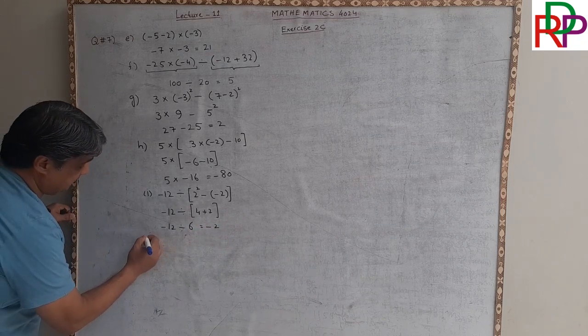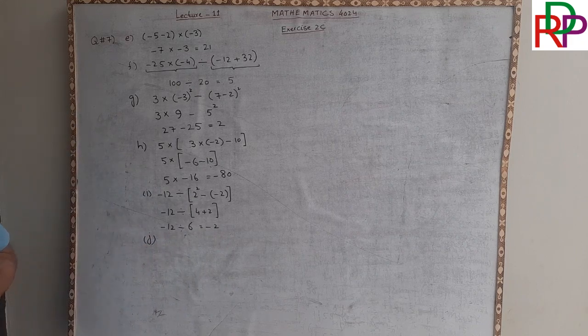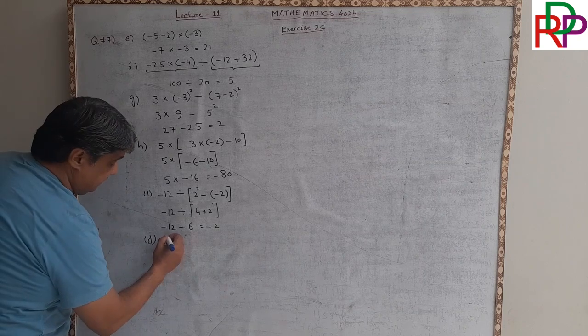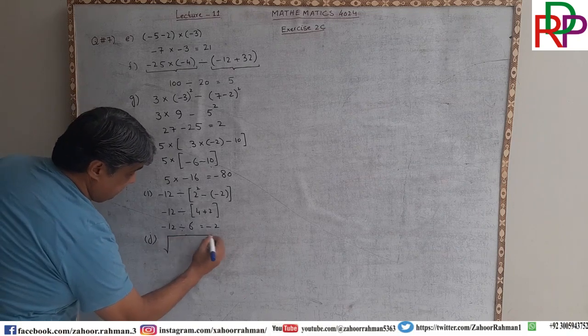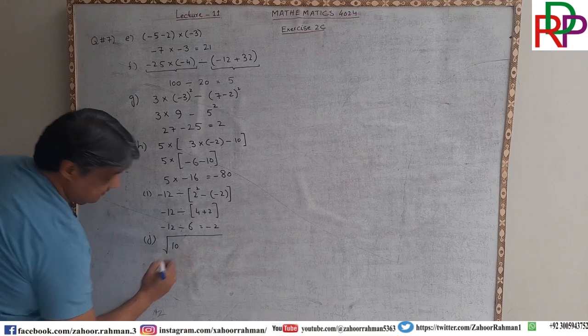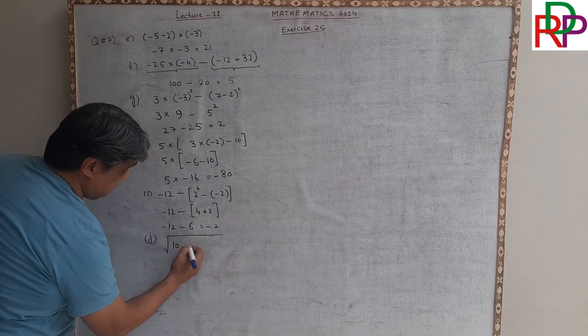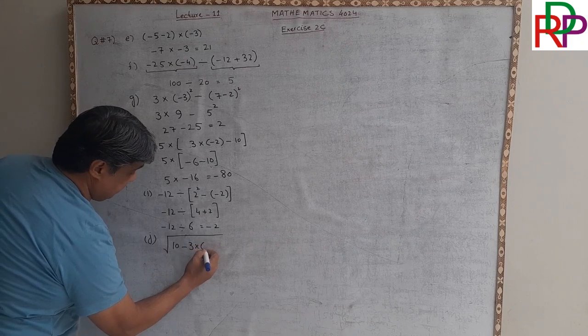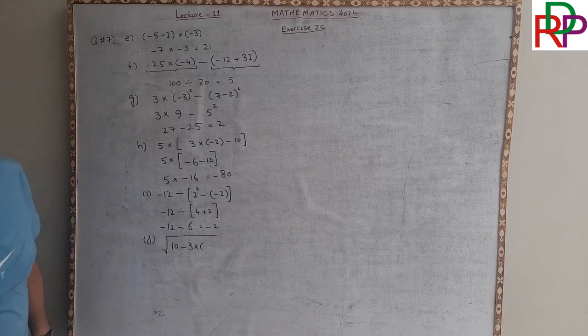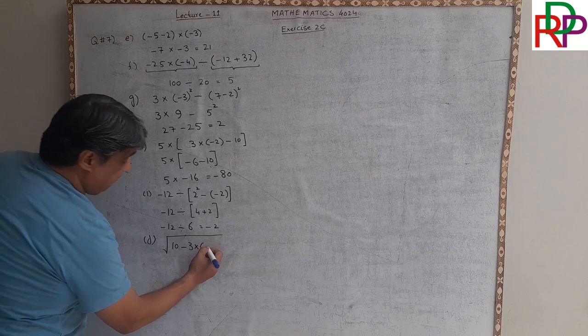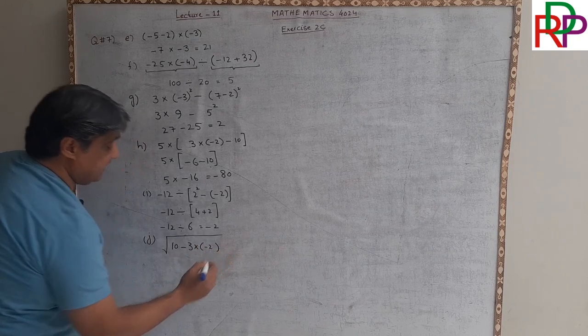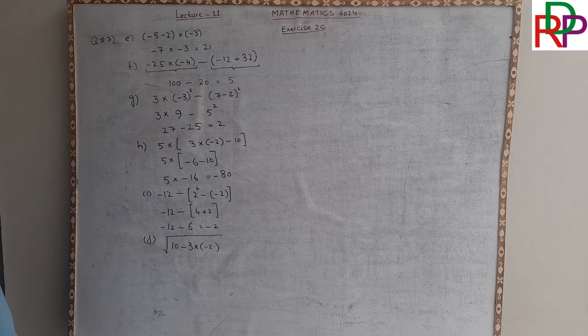There is a J part as well. So J part is under the root 10, and then we are having minus 3 multiplied by minus 2, and then parenthesis close.